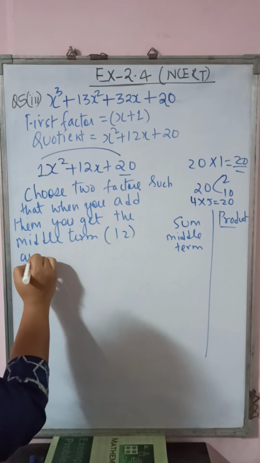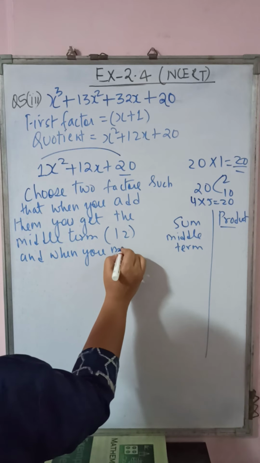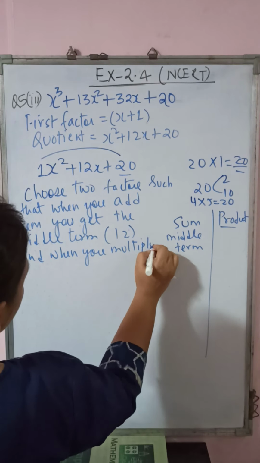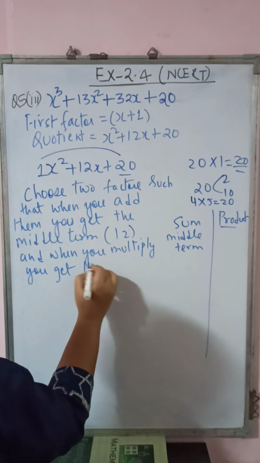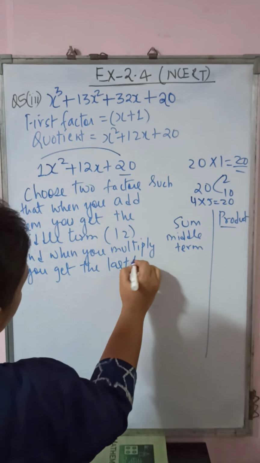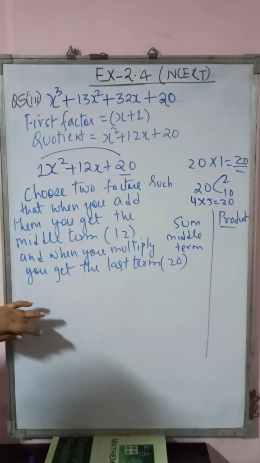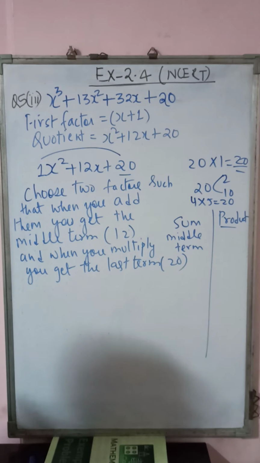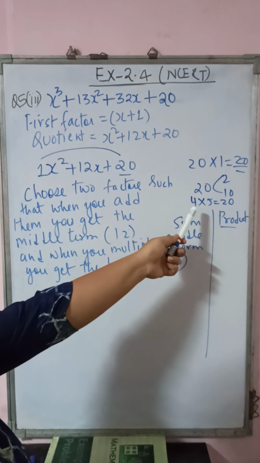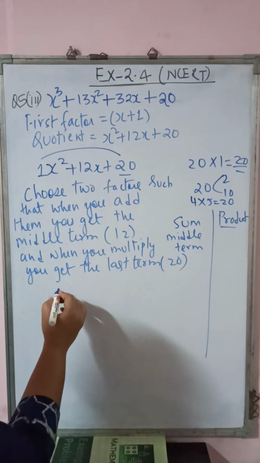And when you multiply, you get the last term, that is 20. I am writing this because so many children always have doubt in this. Even if they are able to find the correct factor, they have doubt regarding the sign, what sign they should put. So now we will solve.